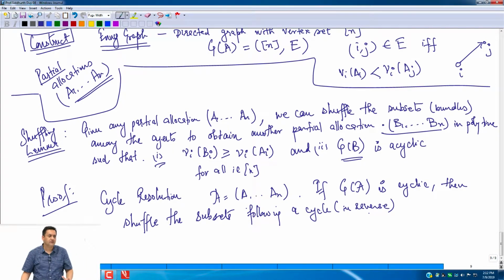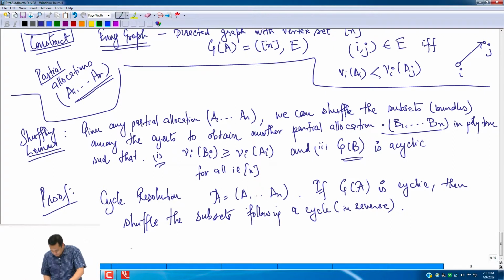I expressed it for 3 agents, but let's say the cycle is of k agents, nothing changes. You just keep passing the subsets along, and that's it. This is the idea, and I'll leave it as an exercise for you to argue that whenever you do this, you started with A, you did this resolution, you got some other new partial allocation B. If you look at the NV graph of this new partial allocation B, the number of directed edges would have decreased.